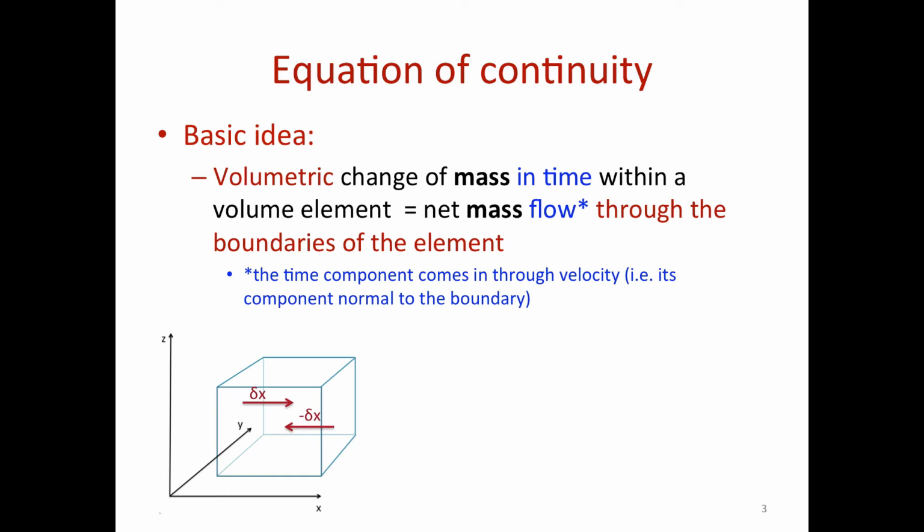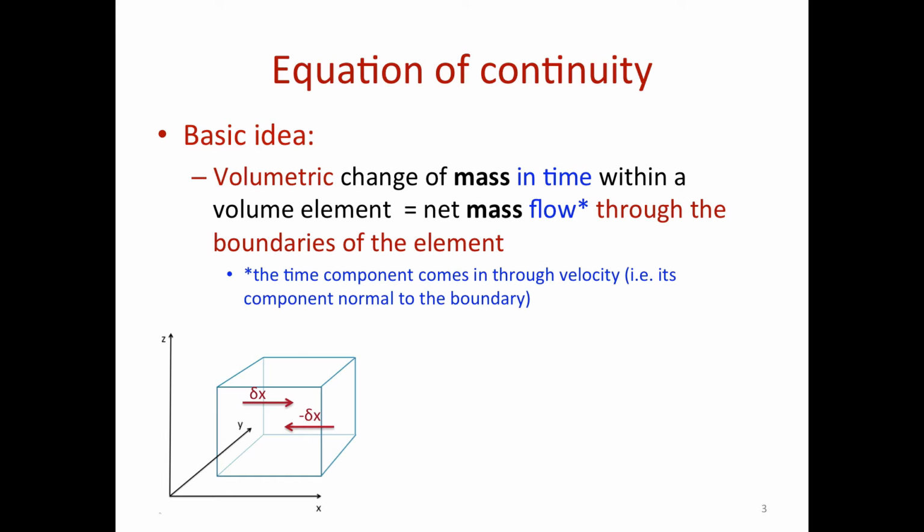In a very simple way, I'm going to look at the Cartesian coordinate system first, and I'm going to look at the volumetric change of mass in time in this shell, with this volume element. Since mass cannot be created or destroyed, if I don't have any source like reaction and so forth, that change is the net mass flow through the boundaries of this element.